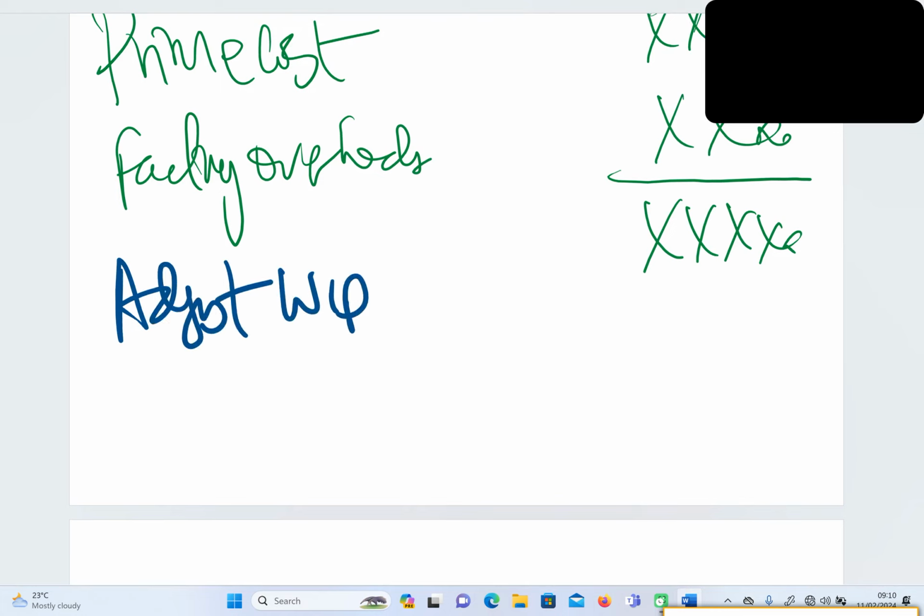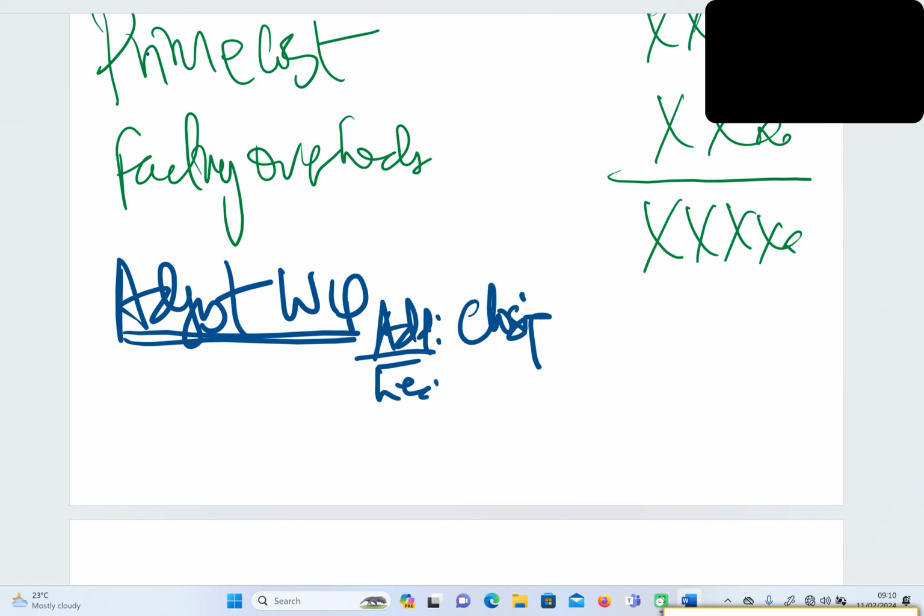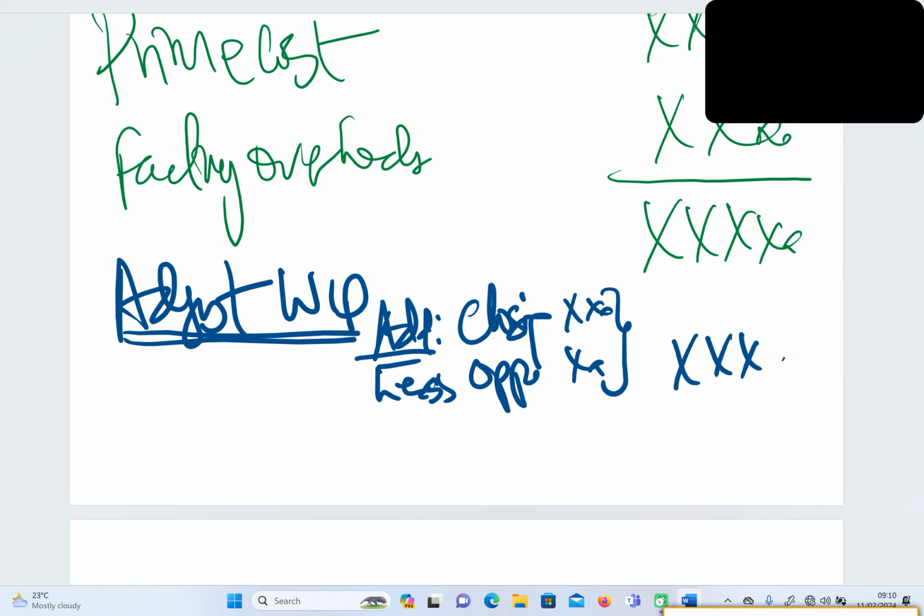From factory overhead, you adjust for work in progress, WIP, by adding closing less opening. So you take closing WIP minus opening WIP, and the difference is adjusted there. You get something here, that adjustment.